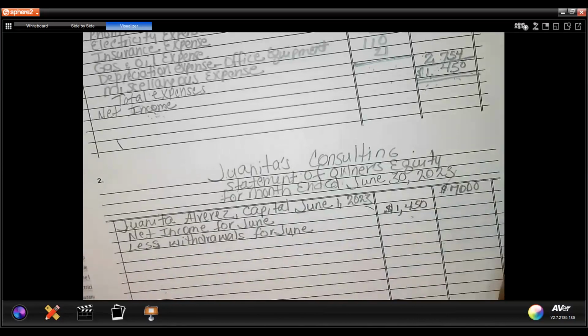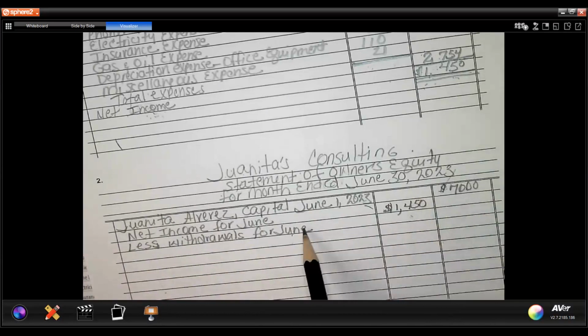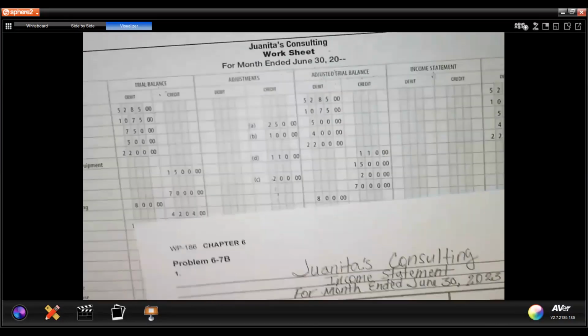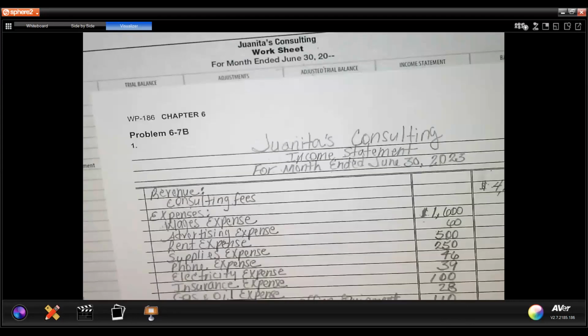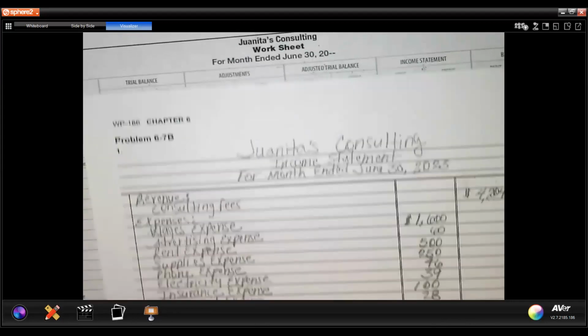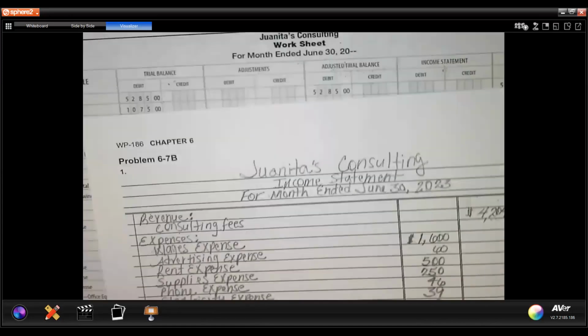Let's verify that amount, because we need to go back to our worksheet and determine how much money she withdrew. Again, we want to make sure we are pulling information from our adjusted trial balance, because these are our most updated balances.